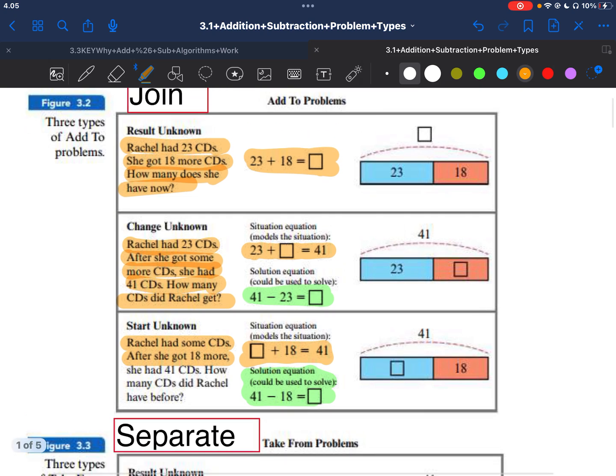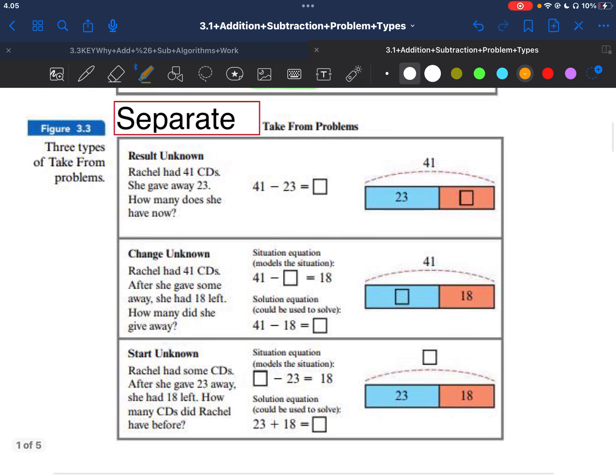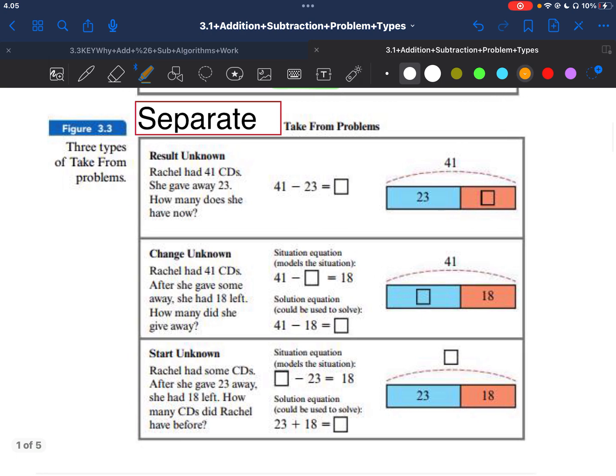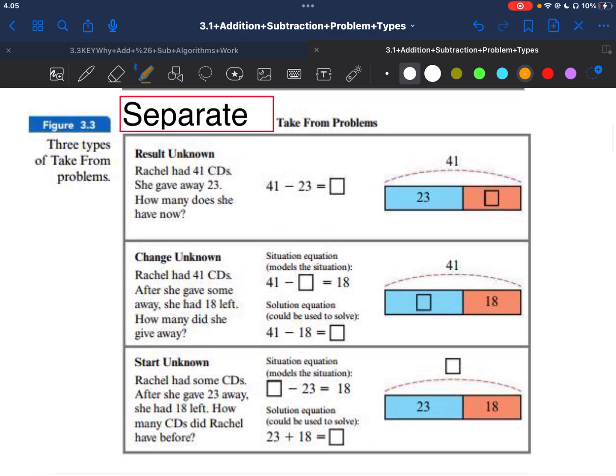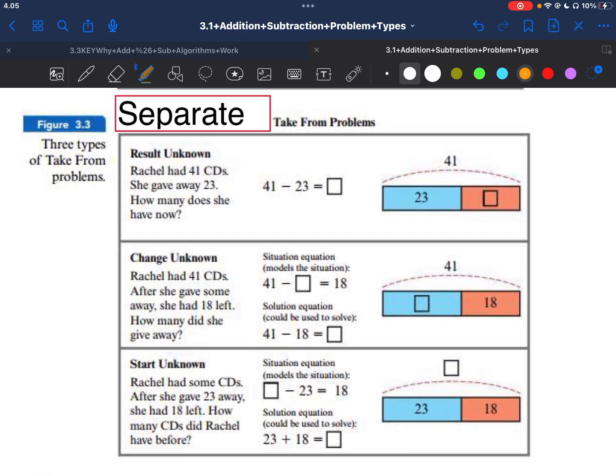Okay. All right, so let's go to separate. The result unknown is the same idea, but it's different here because we're talking about subtraction. So the result unknown problem says Rachel had 41 CDs, so we know what we started with.